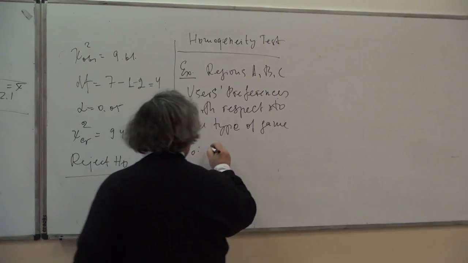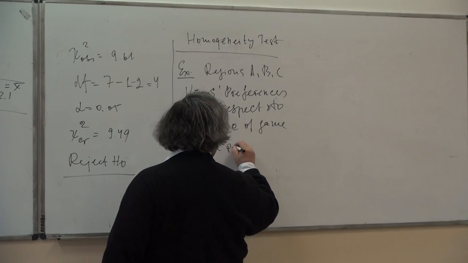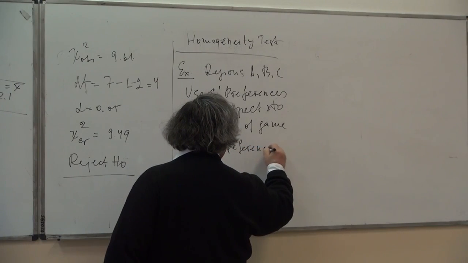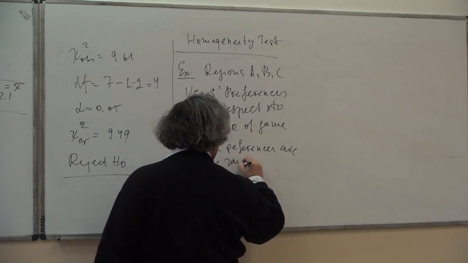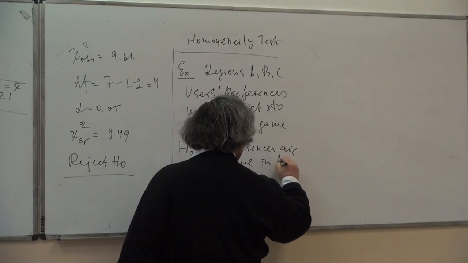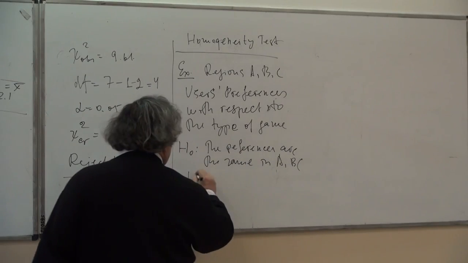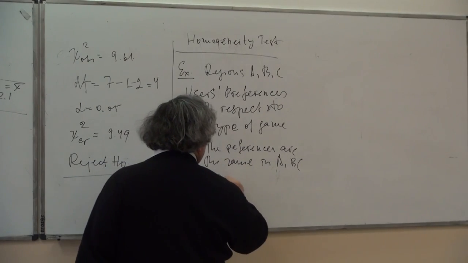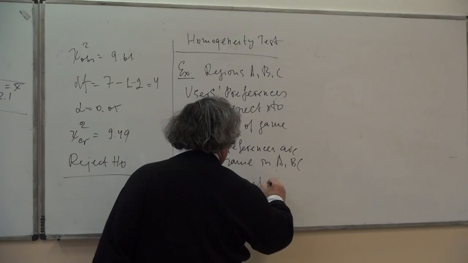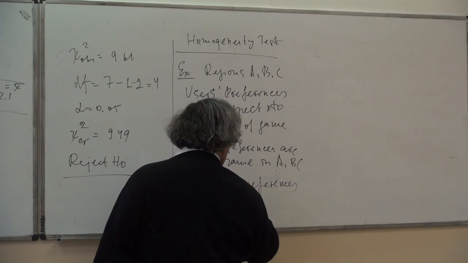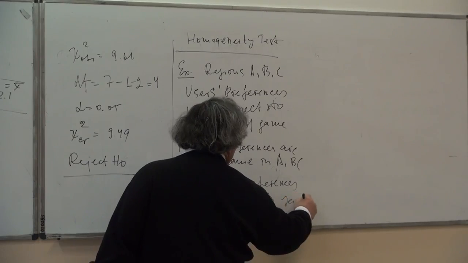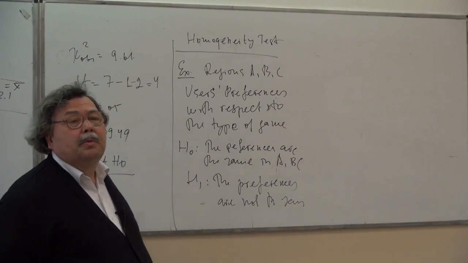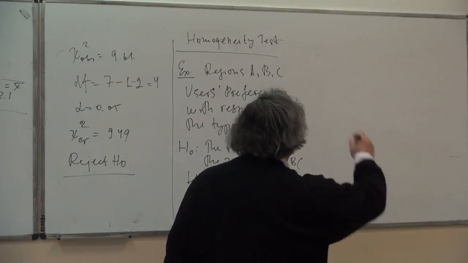H0, the preferences are the same in the regions A, B, C. And H1, the alternative hypothesis, is that the preferences are not the same. Okay? How do we organize our work here?